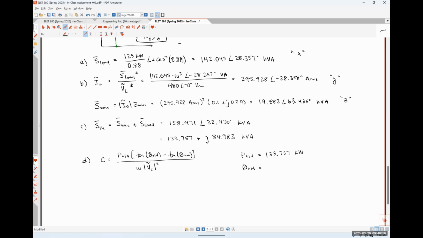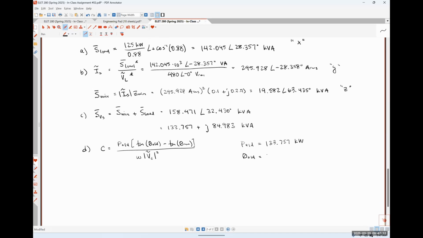What is theta old going to be? So this is the power factor angle of our system prior to power factor correction. 32.43, absolutely right. Okay.